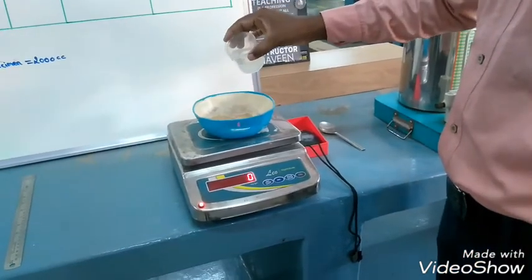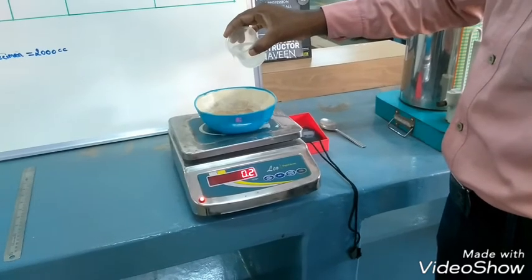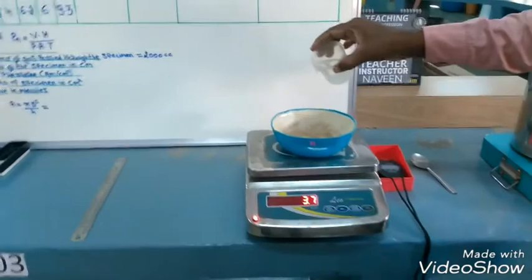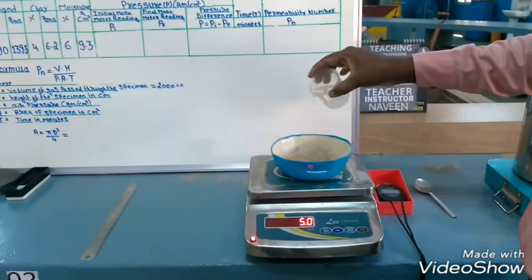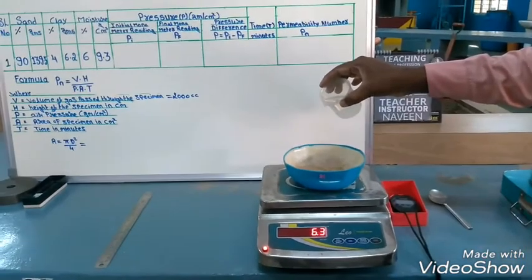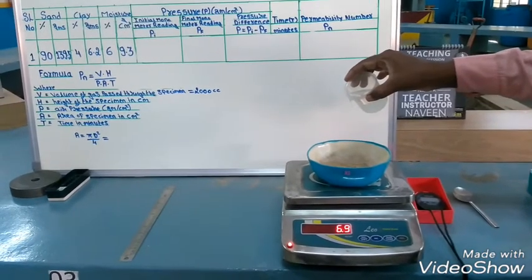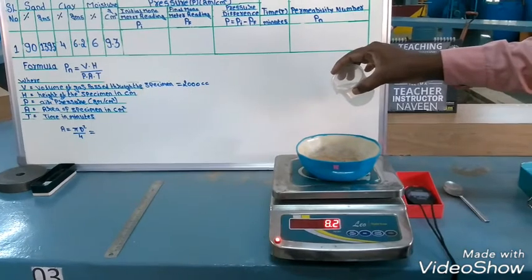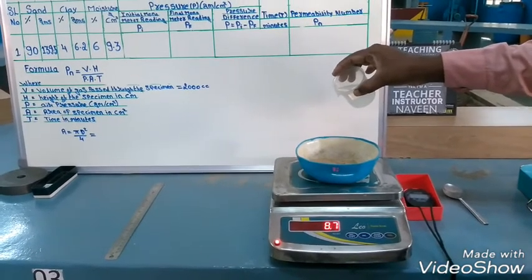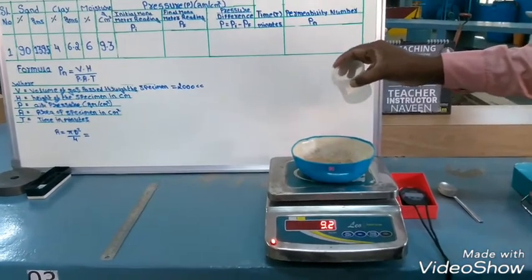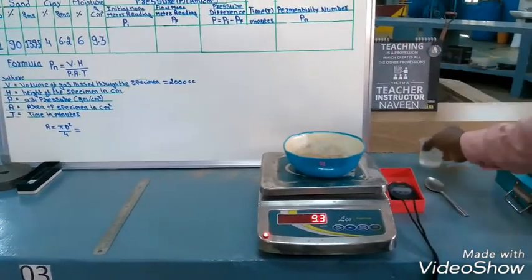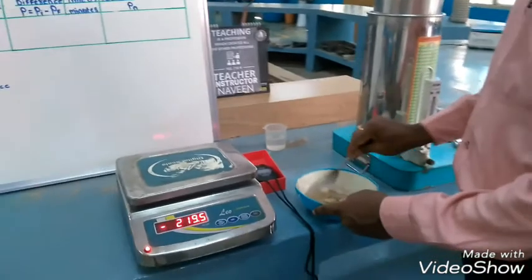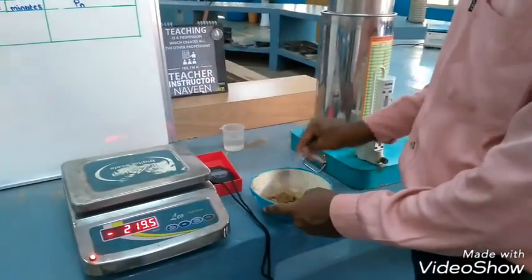Take the moisture as 9.3 grams. Now we have taken the moisture, 9.3 grams. Now properly mix the sand, clay and moisture for minimum 2 minutes.